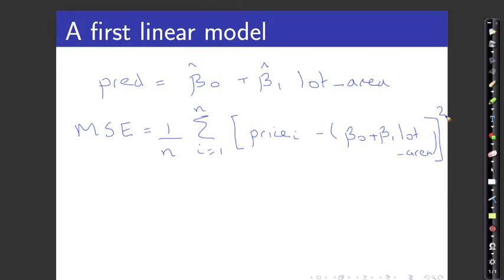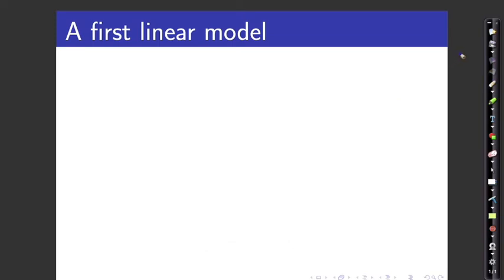Well, what we're going to try to use is gradient descent. If you remember, for gradient descent, we need to know the gradient. Let's try and work out the gradients. To make our lives simple, I'm just going to start a new page here. The mean squared error equals 1 over n. I'm going to change how I show this a little bit.